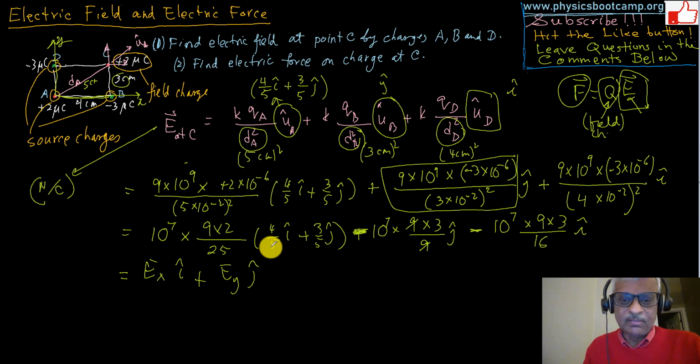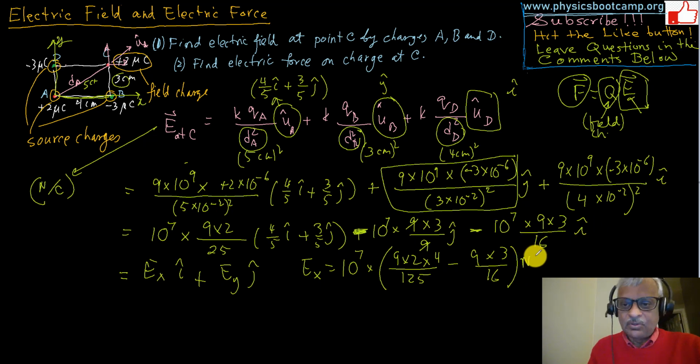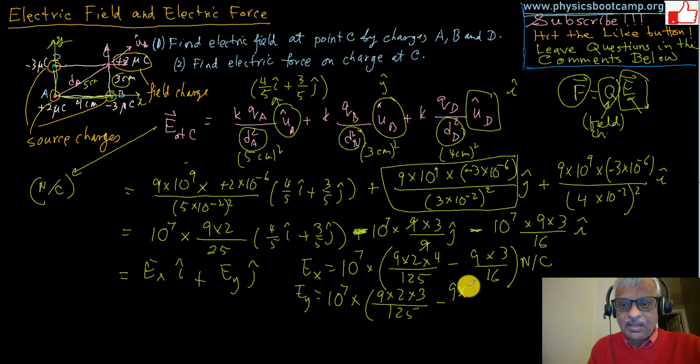EX is simply 10 to the power 7 times 9 times 2 times 4 over 125 minus 9 times 3 over 16, Newton over Coulomb, and EY is 10 to the power 7 times 9 times 2 times 3 over 125 minus 9 times, that's actually just a 3 because the 9 got cancelled, Newton over Coulomb.